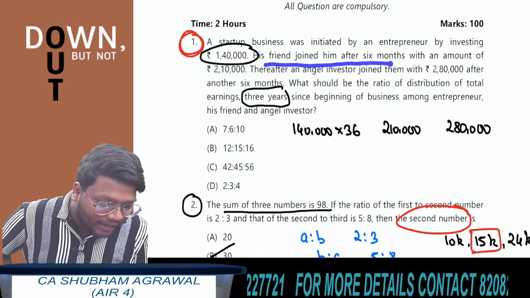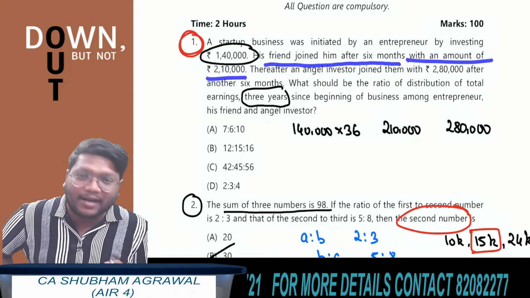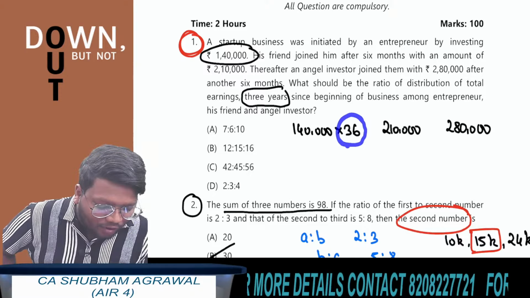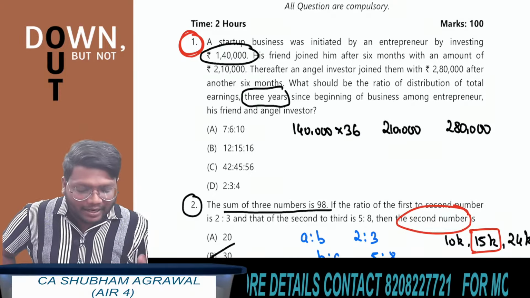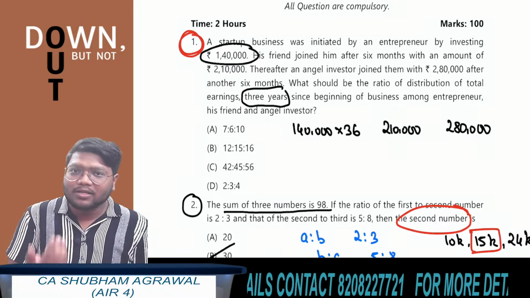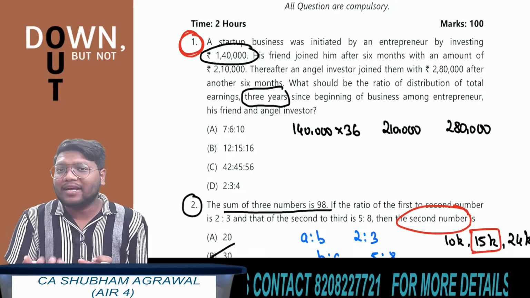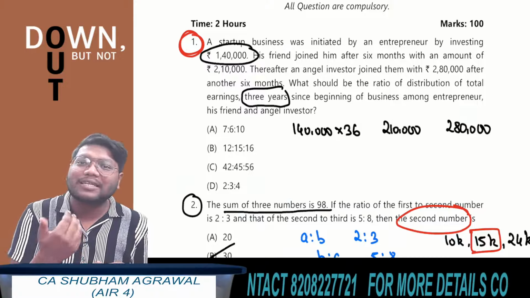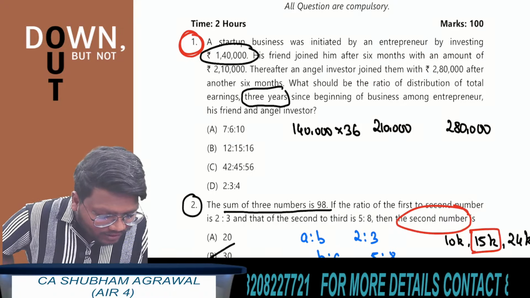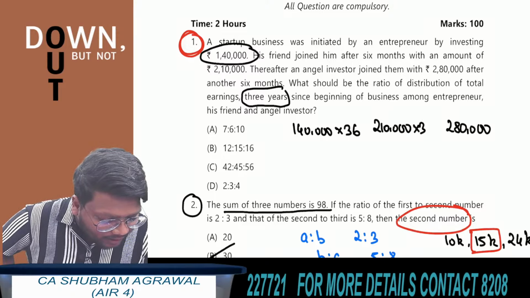His friend joined him after 6 months with an amount of 2,10,000 rupees. If the entrepreneur has invested 1,40,000 rupees for 36 months, it means his friend has invested 2,10,000 rupees for how many months? 30 months. Because the friend invested 2,10,000 rupees after 6 months, so this 2,10,000 rupees was invested for a time period of 30 months.